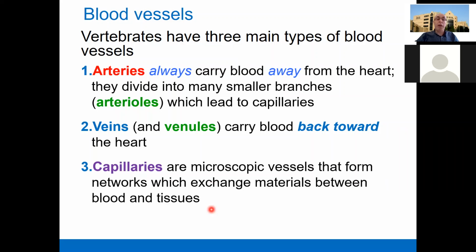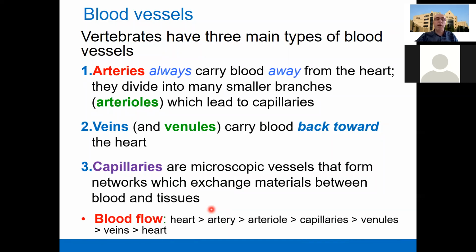And capillaries are microscopic vessels that form networks which exchange materials between blood and tissues. Remember, as I told you, capillaries are really tiny vessels, only one cell thick, and they allow exchange of nutrients, oxygen, carbon dioxide at these levels.